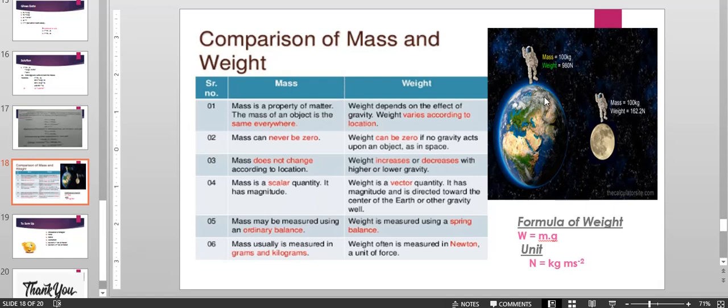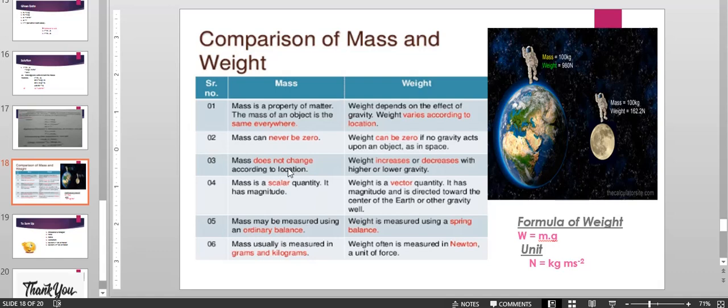But when he measures his weight, it will be 980 Newton on Earth, and on the moon it will be 162.2 Newton. Why? This is because of the force of gravity. On Earth, gravity is very high, whereas on the moon it is very low, equal to 1.6 something meter per second square.